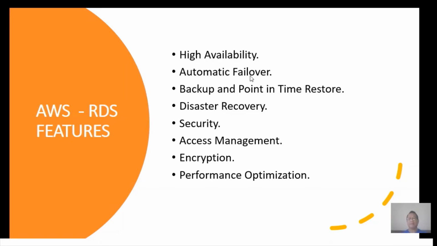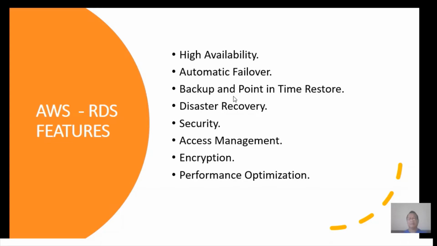Automatic failover means you have two databases and you are writing to one of them, and whenever that database is unavailable for some reason, the other database, called the standby database or the slave database, will automatically become the main database and your application is always available.